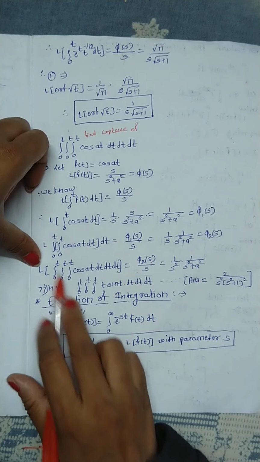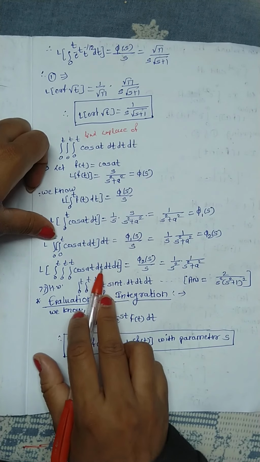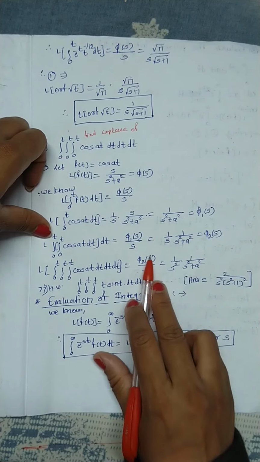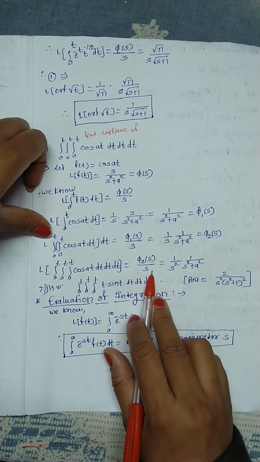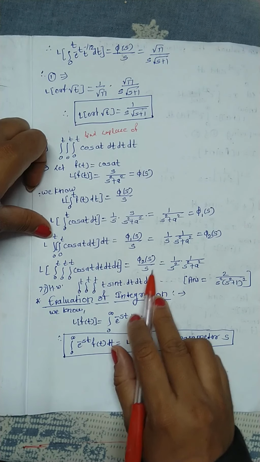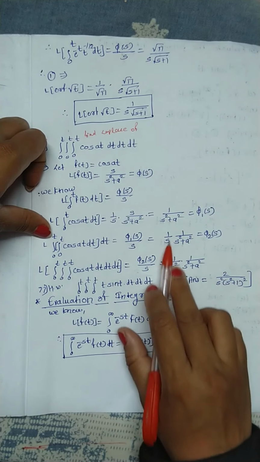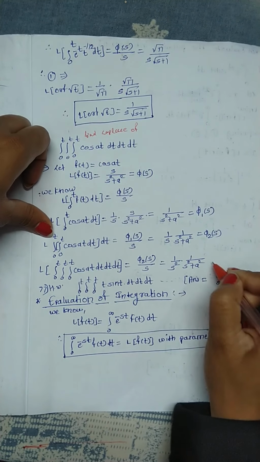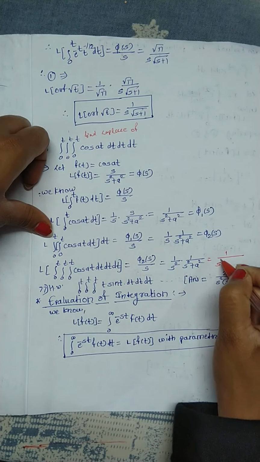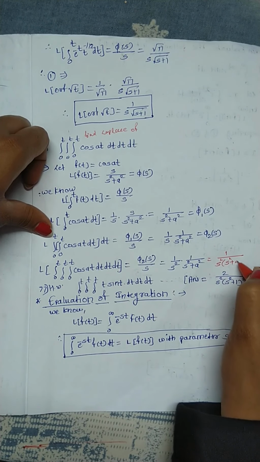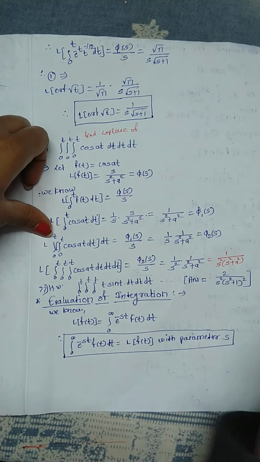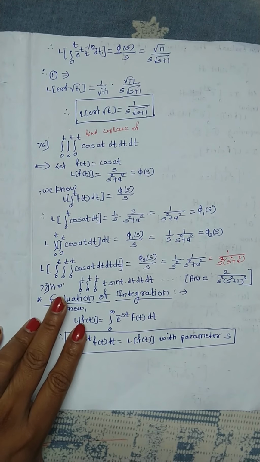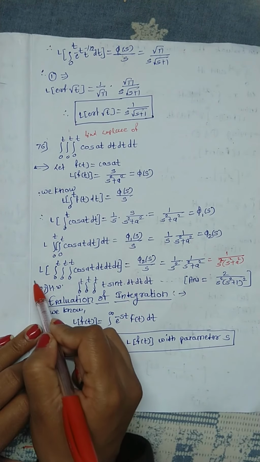That's why the Laplace of the triple integration of this dt is equal to phi 2 of s, that is the double integration's Laplace, upon s. This will be our last answer. Just divide this term by s, so it becomes 1 upon s square into 1 upon s square plus a square. You can write it combined as 1 upon s square into s square plus a square. Okay. This is the end of the example.